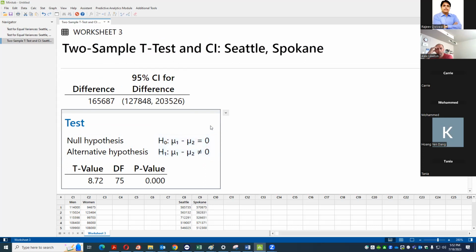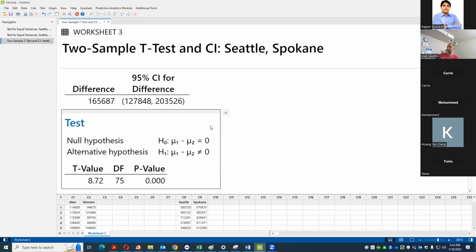What are you going to conclude based on that? Which hypothesis is going to be rejected and which accepted? Accept the alternative, yes. So we are going to reject the null hypothesis. The null hypothesis says there's no difference between Spokane housing prices and Seattle housing prices.